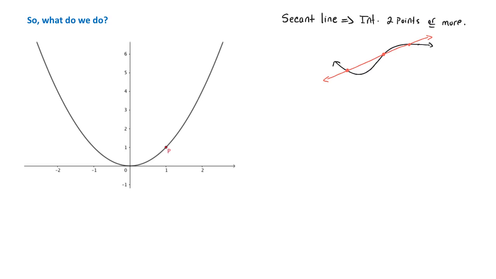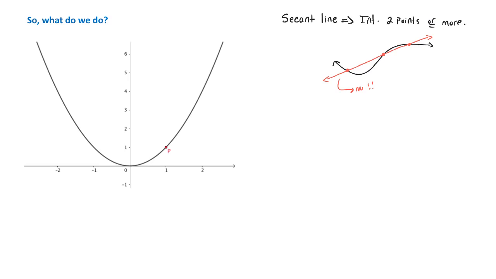And because a secant line requires at least 2 points of intersection, I can actually calculate the slope of that line, right? If I have 2 or more points, I have enough points to be able to calculate the slope of that line. So, knowing that and having that in my toolbox, I'm going to go ahead and take advantage of that.